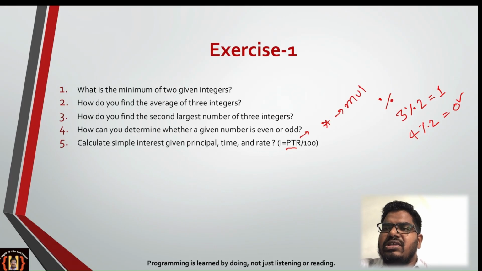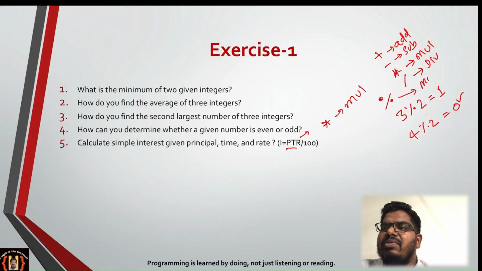As I already introduced, plus is for addition, minus is for subtraction, star is for multiplication, and we have forward slash for division, and similarly the percent symbol, as I have already said, is the modulus operation, which is basically used to find the remainder.